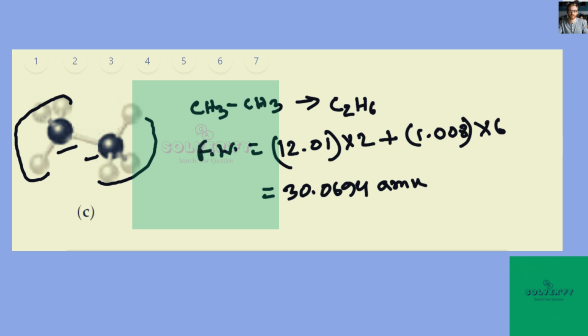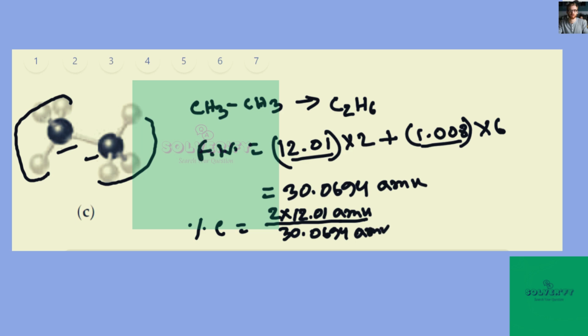Make sure you write AMU after every atomic weight you write. That means 12.01 AMU and 1.008 AMU. And then the percent of carbon will be equal to, since we have 2 carbon this time, we put 2 here times 12.01 AMU over this formula weight, which is 30.0694 AMU, multiplied by 100%.